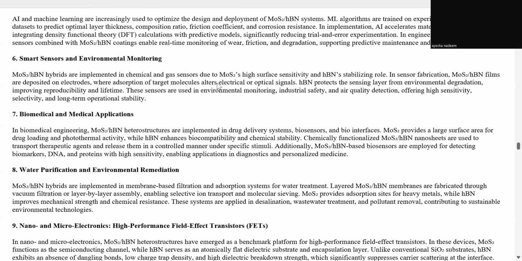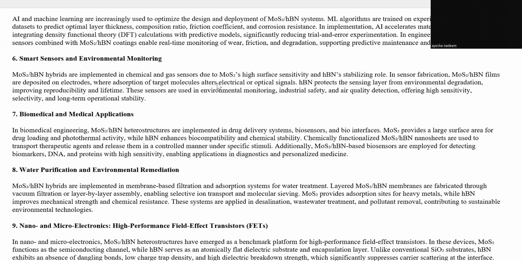In biomedical engineering, molybdenum disulfide and hexagonal boron nitride heterostructures are implemented in drug delivery systems, biosensors, and biointerfaces. Molybdenum disulfide provides a large surface area for drug loading and photothermal activity, while hBN enhances biocompatibility and chemical stability.